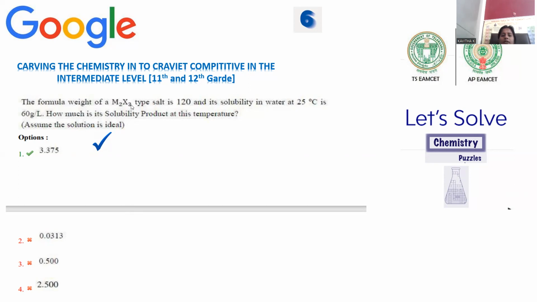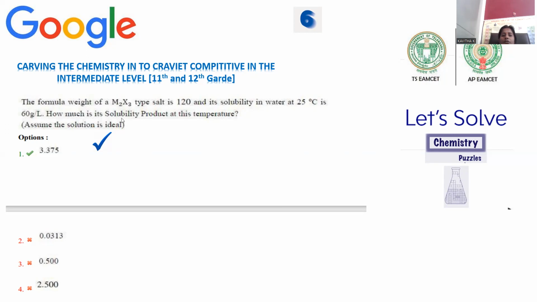Solubility of this salt in water at 25 degrees centigrade is 60 gram per liter. How much is its solubility product at this temperature?